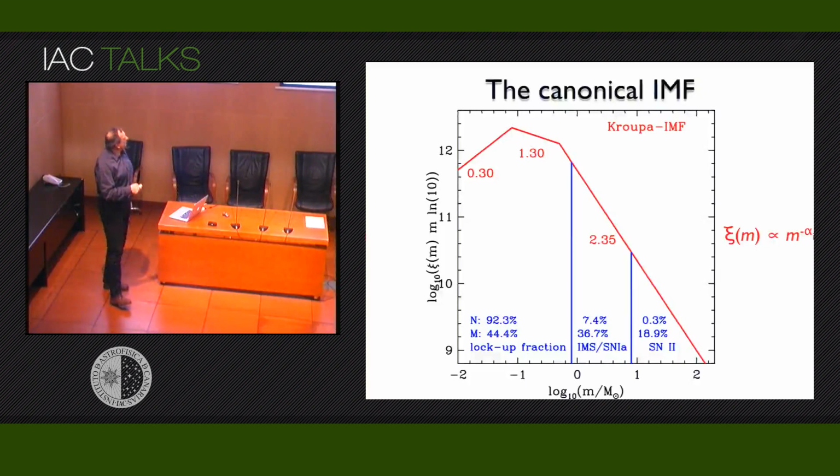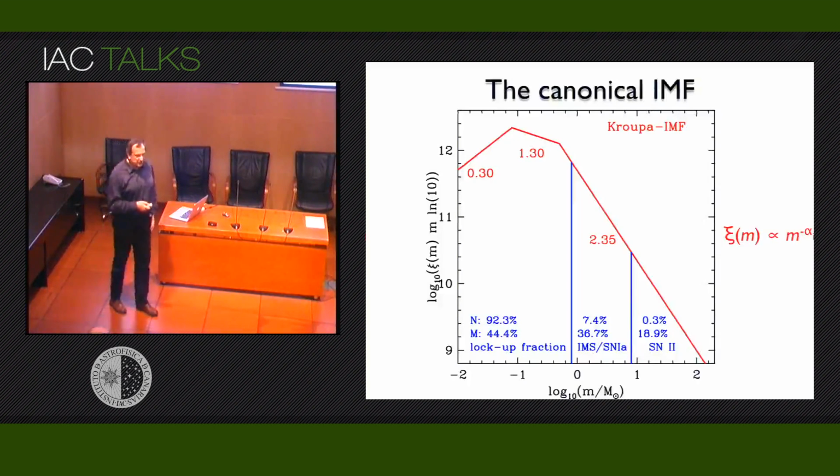The red line is the so-called Kroupa IMF, which is a very steep power law for high masses, and has a turnover in the 0.5 solar mass regime, and then a downturn towards the brown dwarfs. This is the typical shape for this mass function. The slope shown here, 2.35, the Salpeter slope, is actually for the linear version. In the double logarithmic version, the slope is 1.35.